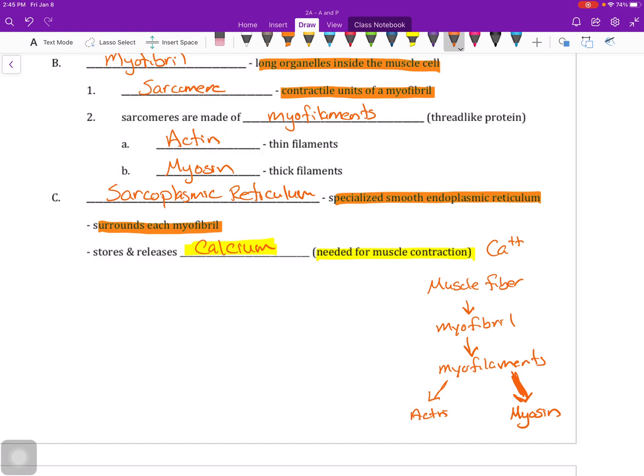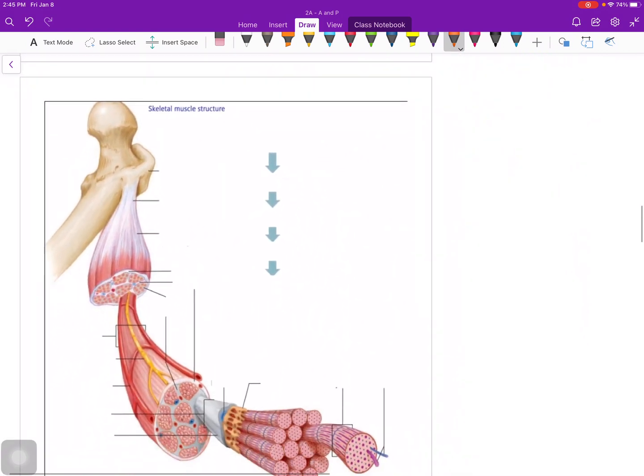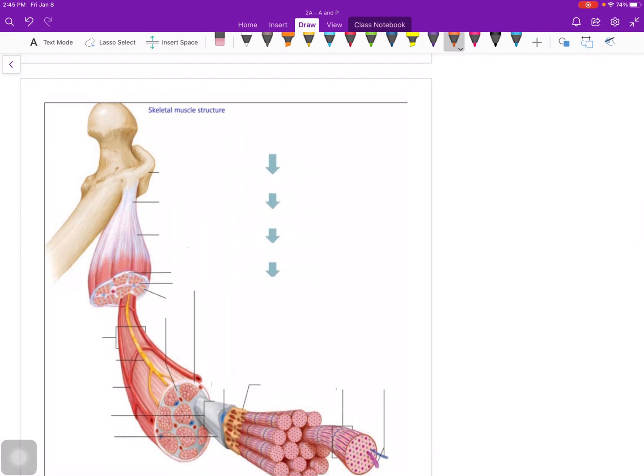All right, so now we're going to do some labeling from some skeletal muscle structure. Let's take a look at this labeling. Starting here and going this way, we have our muscle.